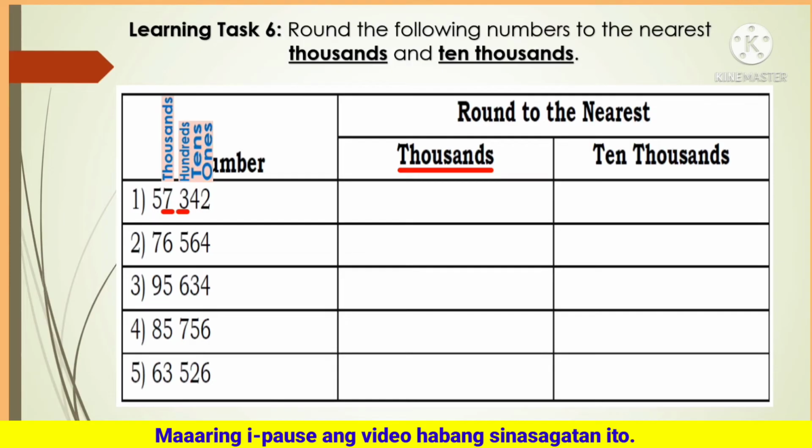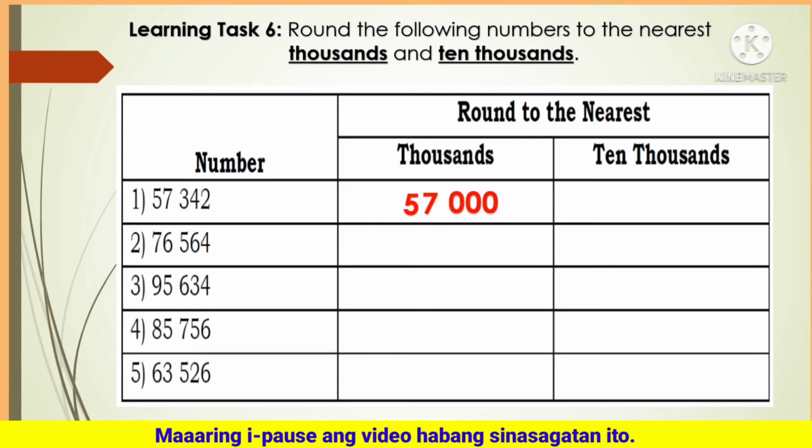Ibig sabihin, kokopyahin lamang natin si 7. So, isusulat natin dito. Okay? Next, step 3. Gawing 0 ang lahat ng digits sa kanan. So, ang digit 3, 4, at 2 ay magiging 0 na ngayon. Ayan. And then, kopyahin lamang natin ang 5.